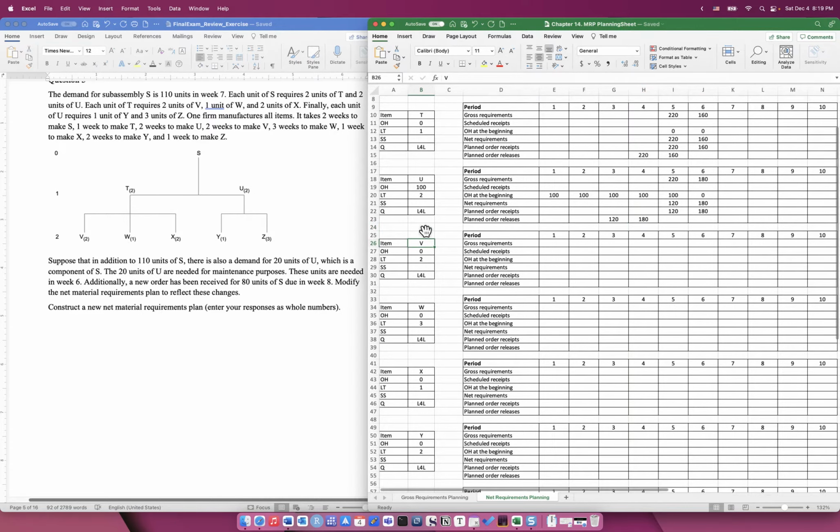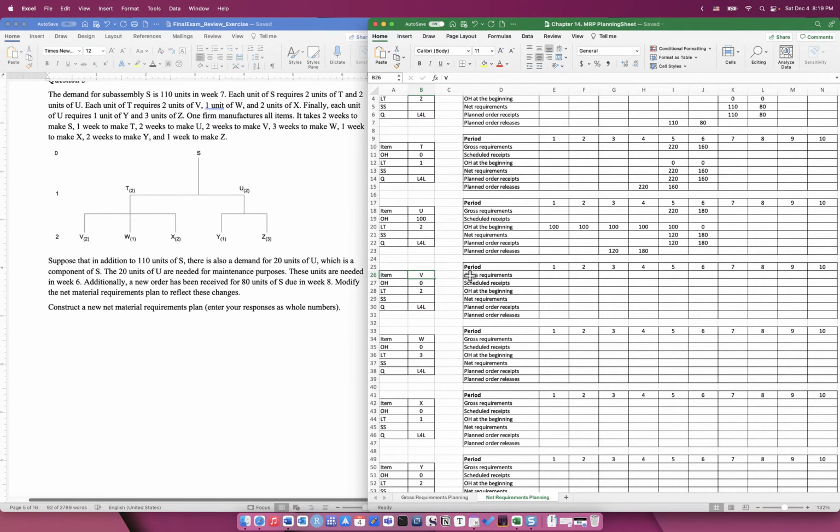You need to make sure you're clear about which component you're coupling V with. V should be coupled with a T. 220 here. With 1 unit of T, you need 2 units of V. So we're looking at 2 times this quantity and the quantity next to 220, which is here.